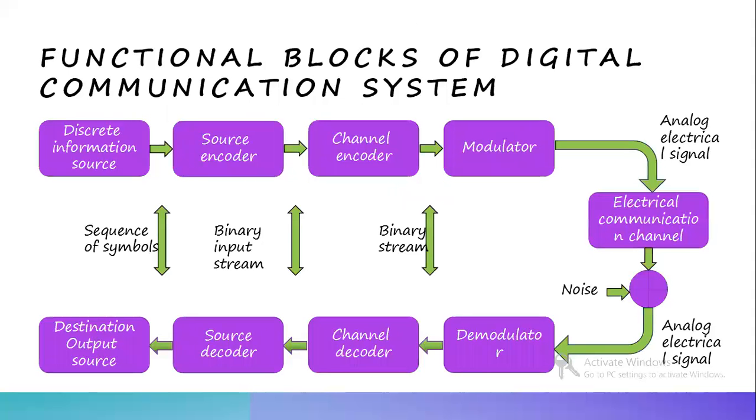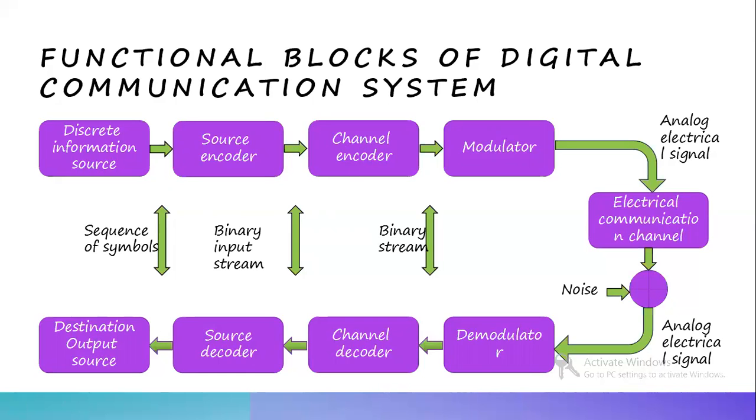Next, we'll be seeing the functional block of digital communication system. In digital communication system, the first block is discrete information source, where the output of the discrete information source is a sequence of symbols, which is given to the source encoder, where these sequence of symbols are converted into binary input stream.